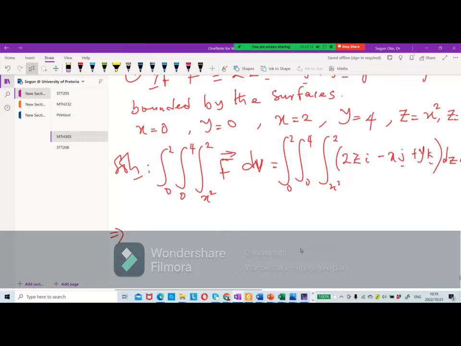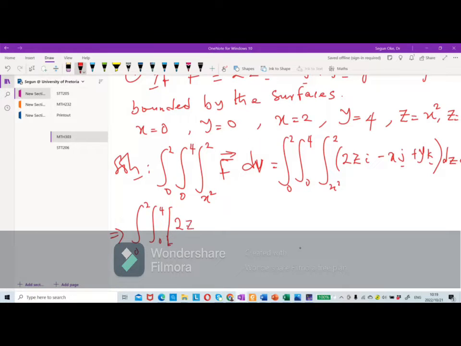Let's integrate this. You integrate one variable and fix the remaining as constants. So if I'm integrating this one, 0 to 2, 0 to 4, I will integrate this first with respect to z. So I'm going to have 2z squared over 2 i minus xz j plus zy k, from x squared to 2. The remaining will be dx dy.